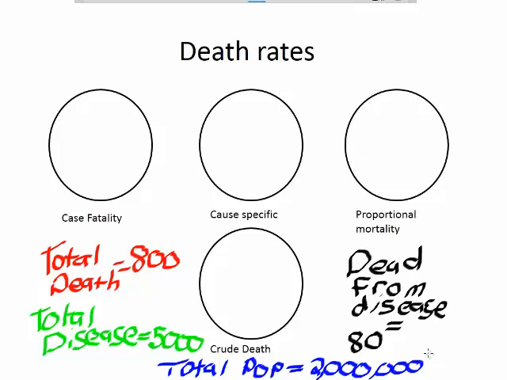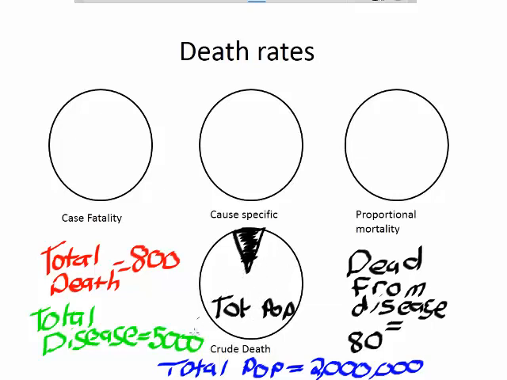Crude death rate is the number of people in the population who died as a simple proportion. So if we take this little wedge here, this number of people who died out of the total population.